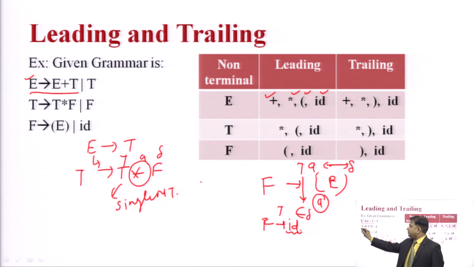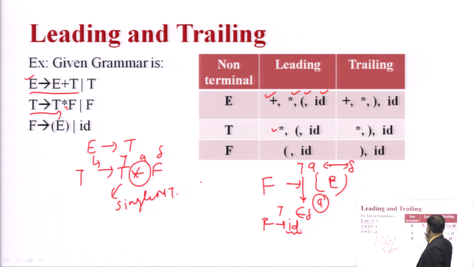Similarly, now I come to the next, E T drives T star F. So, what I see is that the star is the first terminal symbol which can be derived from the T, right.